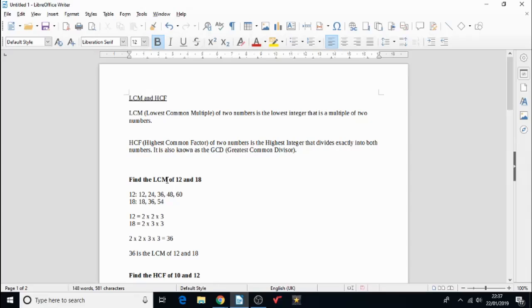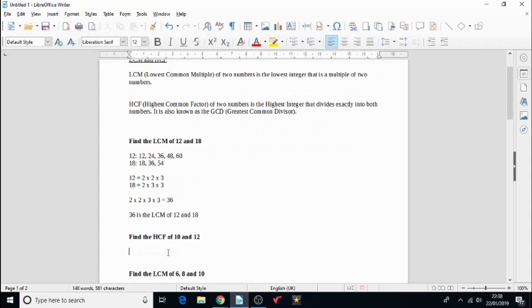You're going to write out all the multiples of both of those numbers till you find a lowest common multiple. When the reality is you could just split up into a product of prime factors, as I've done here, because these are prime factors. 2 is a prime number, 3 is a prime number, and then fuse the prime factors that you use to multiply for both numbers together to get your lowest common multiple.